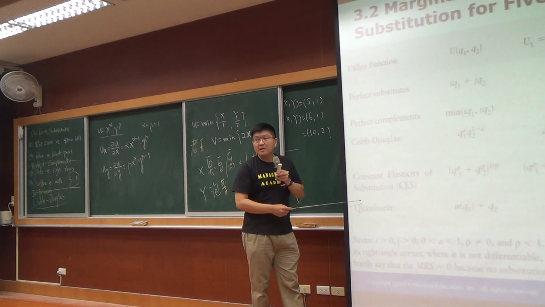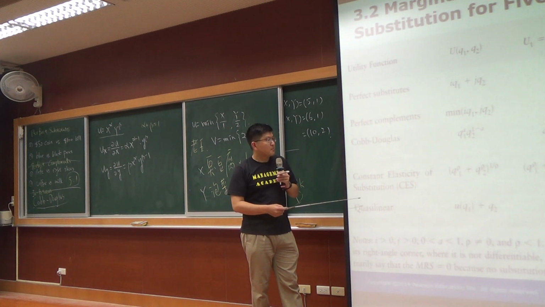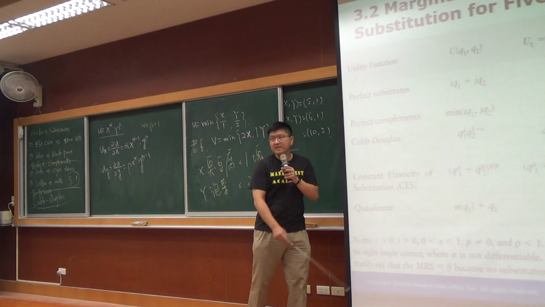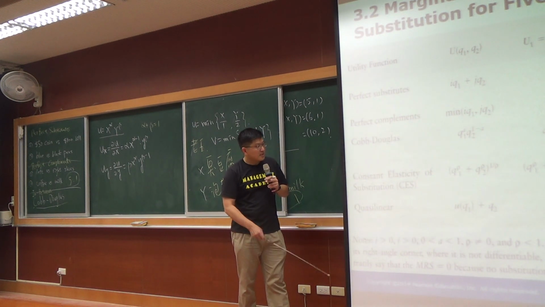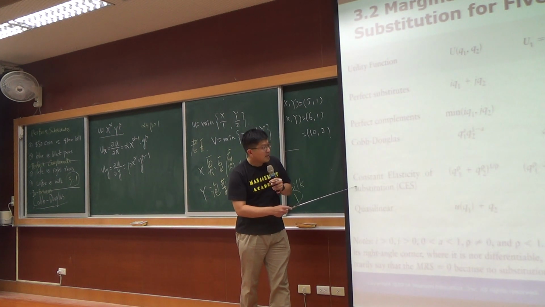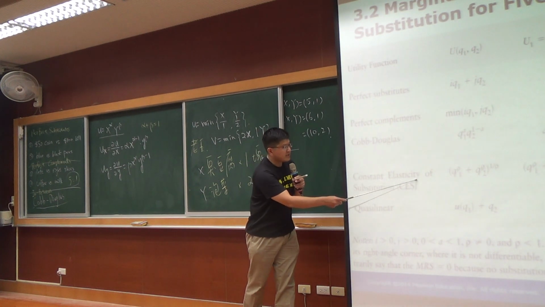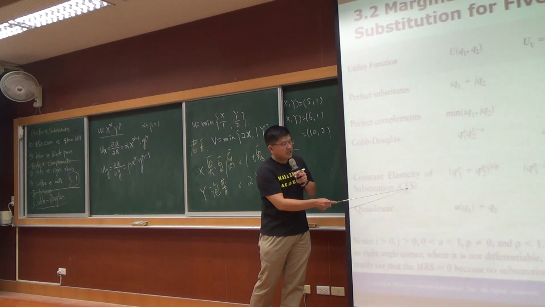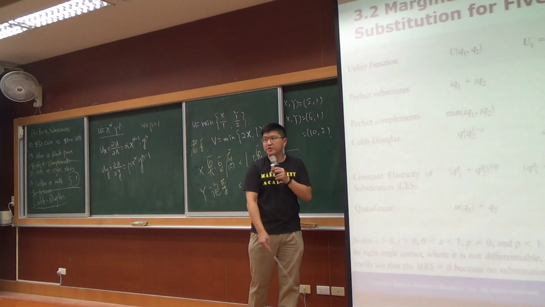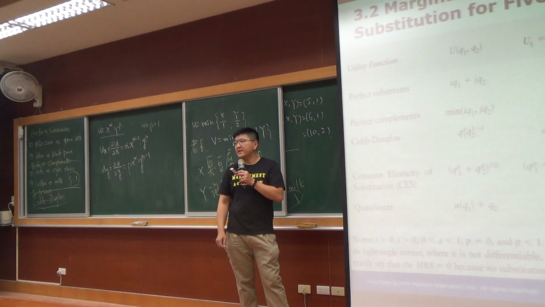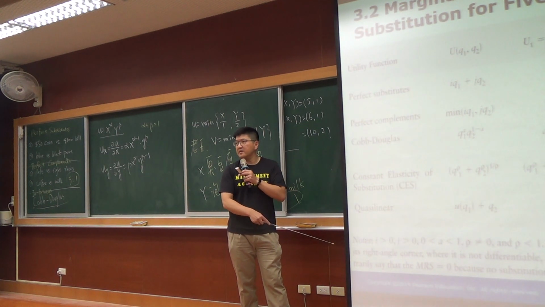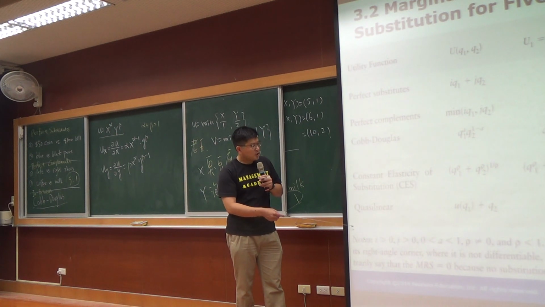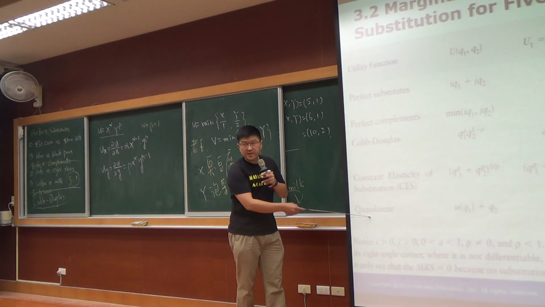And at some point later, I will introduce to you the CES utility function. CES stands for constant elasticity of substitution, 固定替代弹性, okay? And we will also give the quasi-linear.